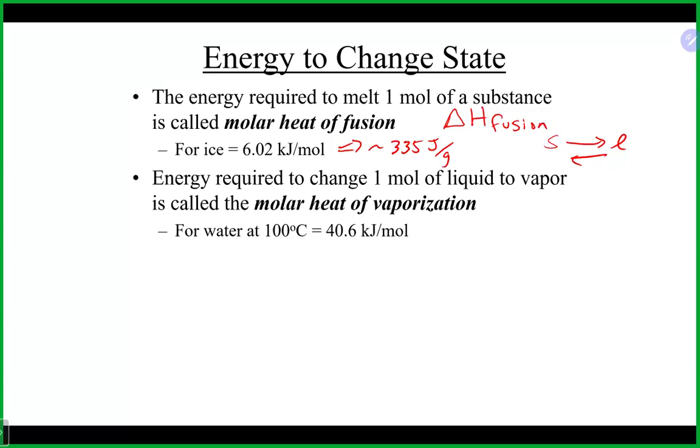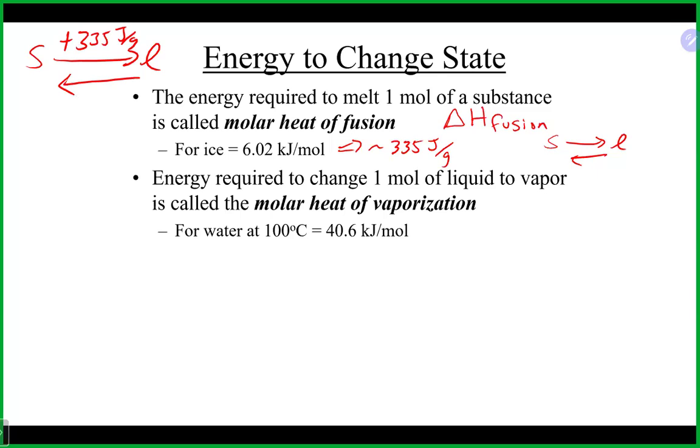Just like we talked about, going from solid to liquid is an endothermic process, and endothermic values for energy are usually positive. That would mean you need plus 335 joules per gram for water to go in that direction. As we go from liquid back to solid, you have to release the energy, which is an exothermic process, as in the energy chapter.